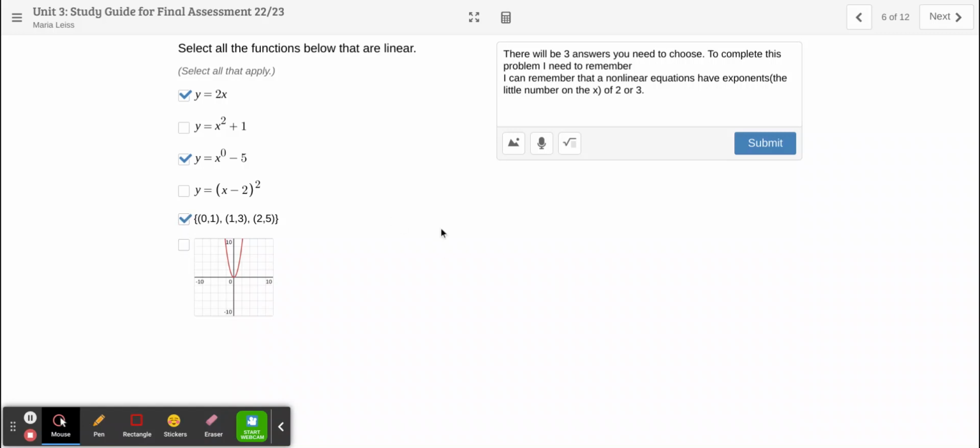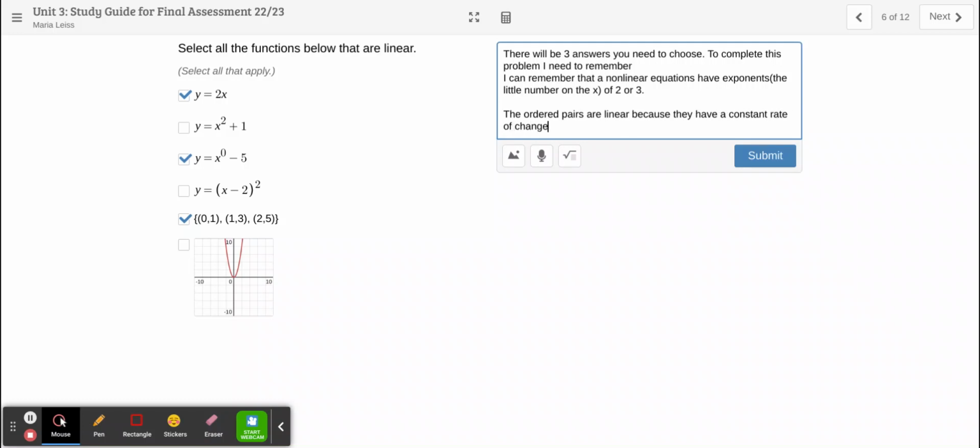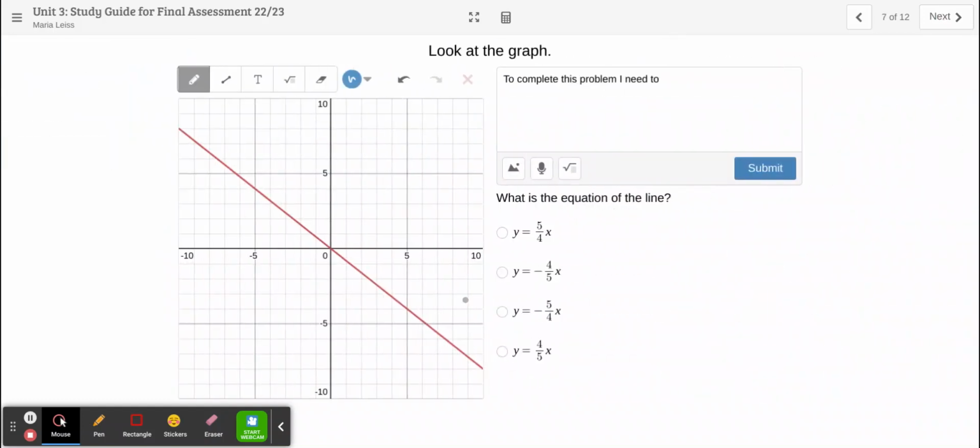This has to be our answer, but the reason being, the ordered pairs are linear because they have a constant rate of change. It goes 0, 1, 2 for the x's, and then the y's go 1, 3, 5. There's a pattern.